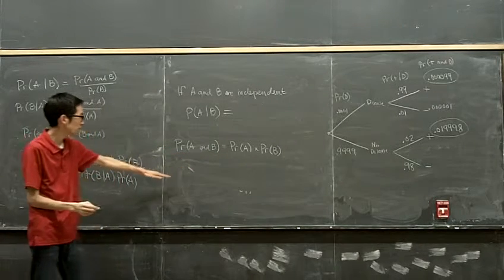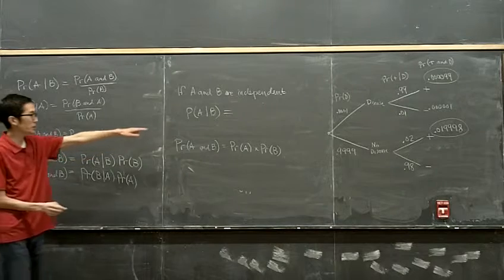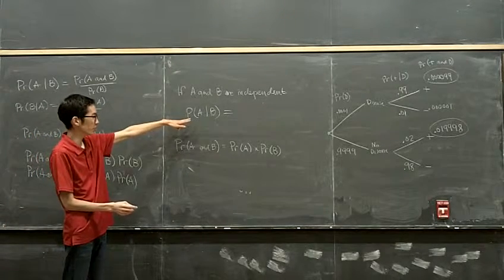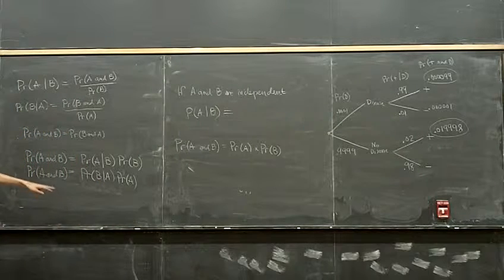So, if A and B are independent, the probability of A given B, what do you notice here?